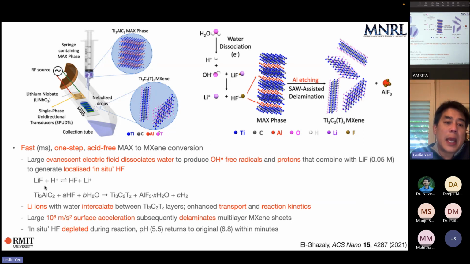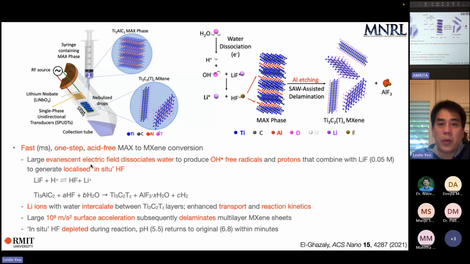And we think what's happening is we generate free radicals somehow through that evanescent electric field that I told you about, that then combines with the lithium fluoride in situ to create localized HF that then does the selective etching, right?